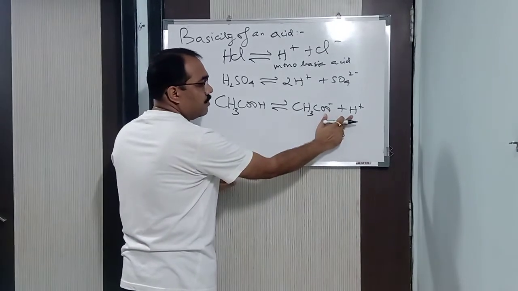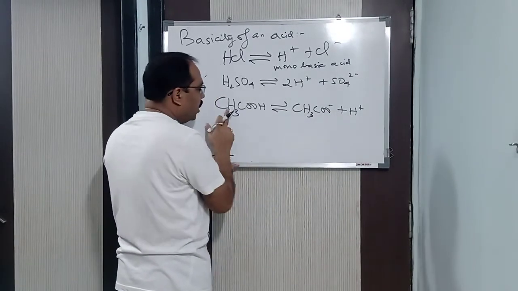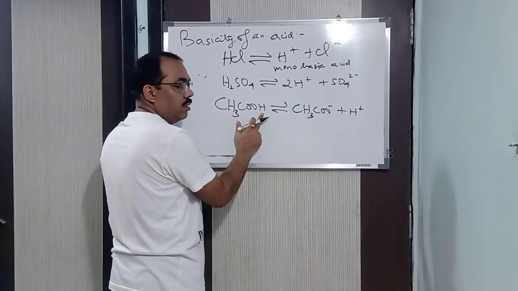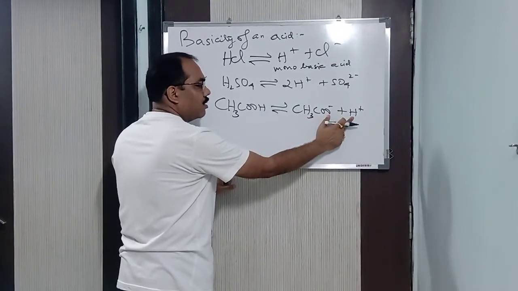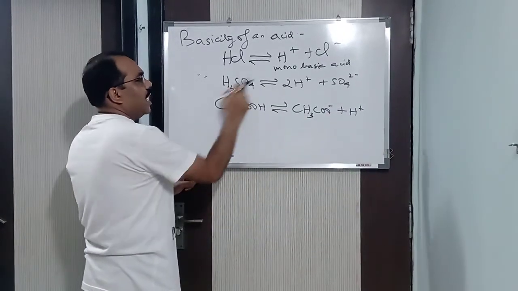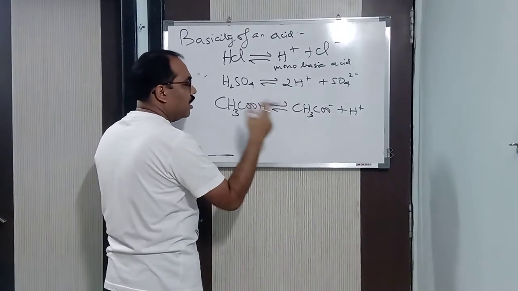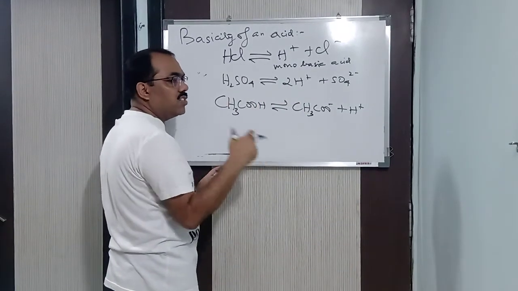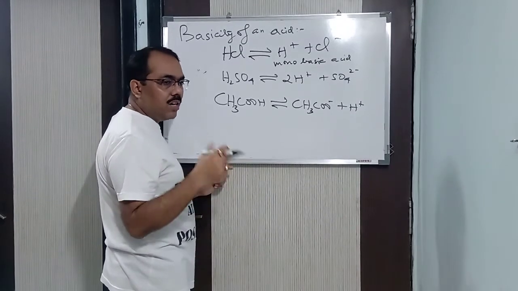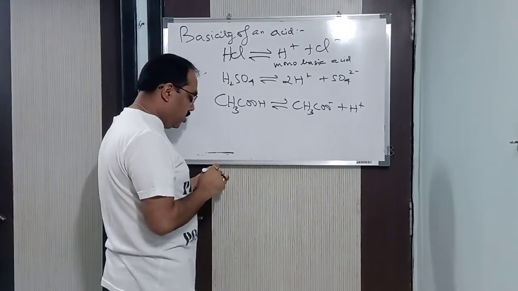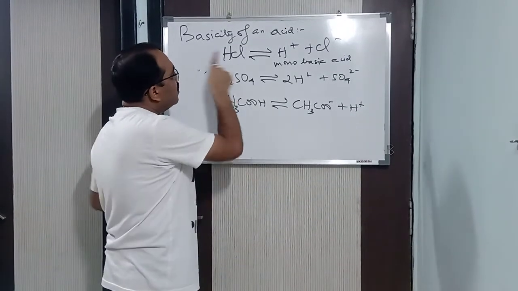Here the basicity is how much? Again it is 1. So don't count the atoms, count the number of ions. In this way we can have monobasic acid, dibasic acid, tribasic acid. Like H3PO4 will give you 3H+ and PO4 3-, a tribasic acid. So this is the basicity of an acid.